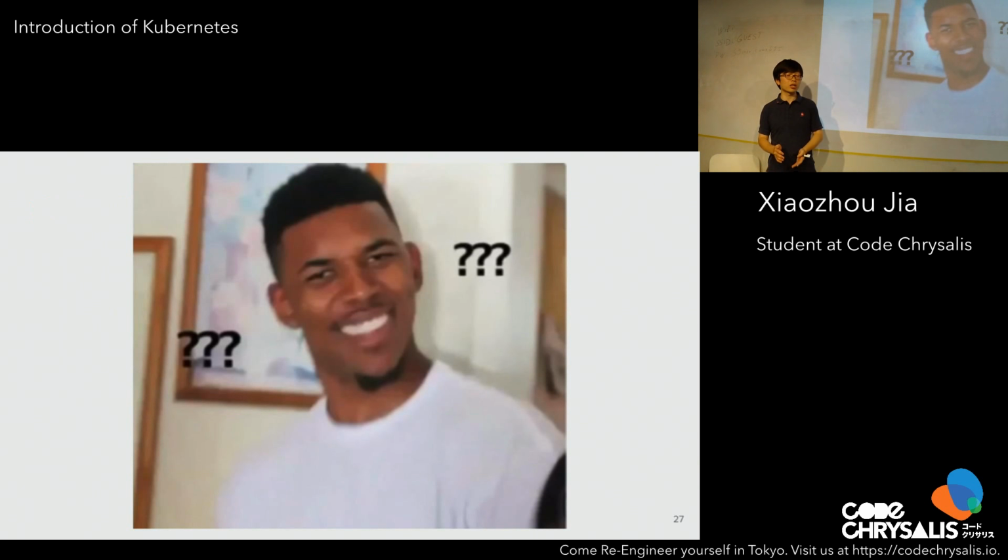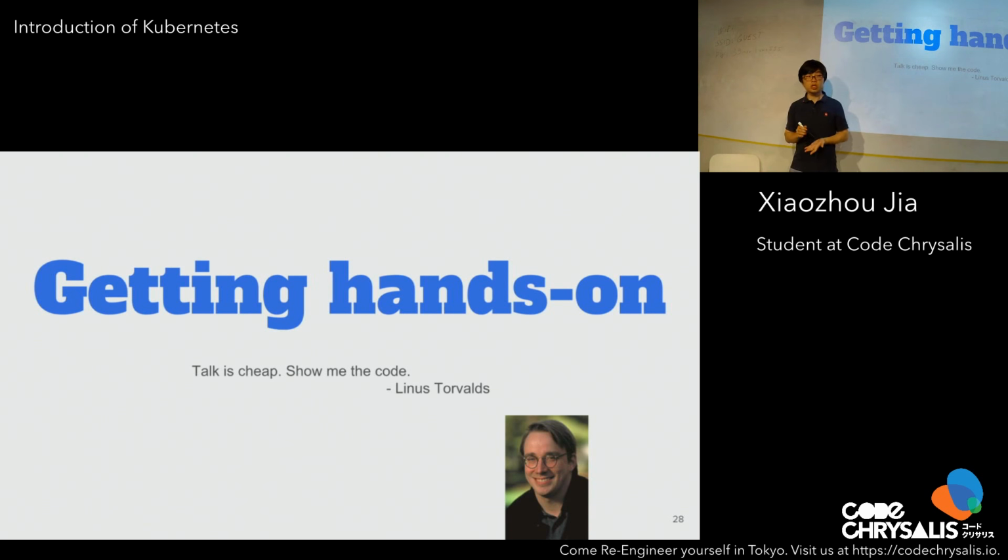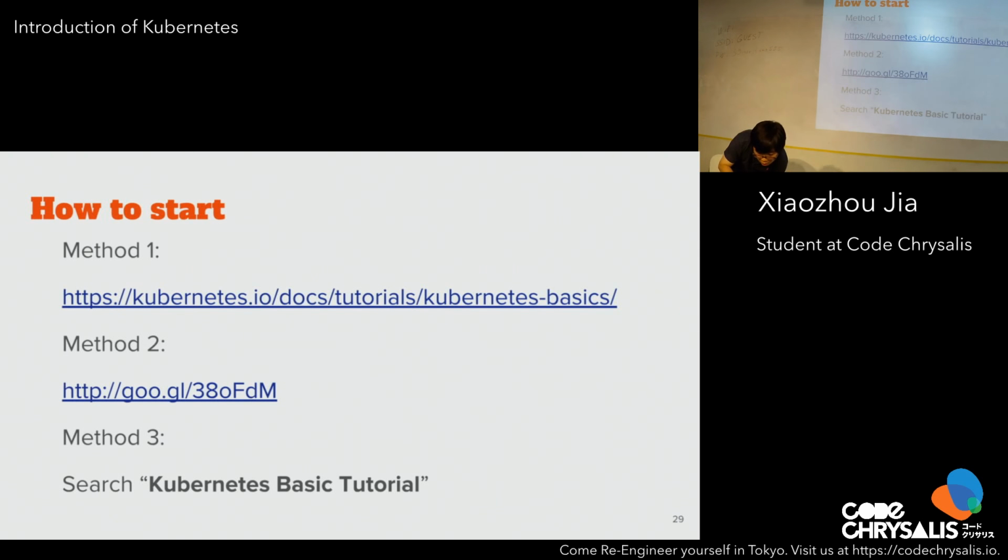And I was really confused by the official documentation and some other tutorials out there. So it took me some time to figure things out. And from this point, we are going to change our approach. So starting from this point, I would love to ask you to do something together with me.